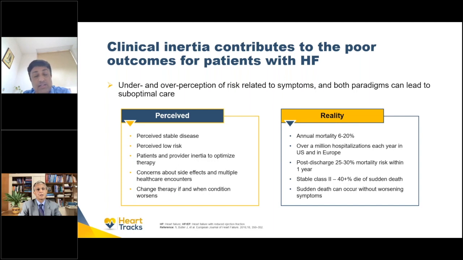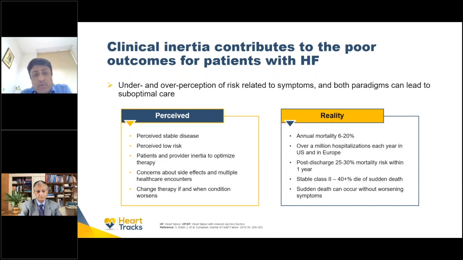If I increase the drug dose, it may increase the cost of the therapy, and simultaneously it may increase the risk. Second, the importance of giving optimum medical management may not be there in the mind of the patients and the physicians, and it is thought to be of low risk.